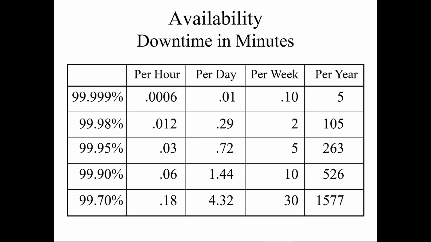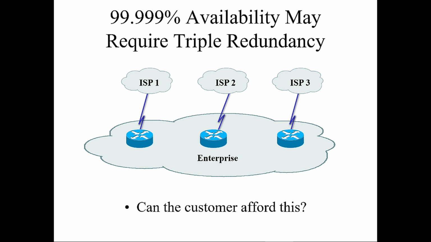But if that new equipment mitigated one downtime, it paid for itself. So the five nines availability may require things like triple redundancy for ISPs, meaning if one went out, if the second ISP went out, you'd still have a third ISP to allow for communication. Again, it just kind of depends on the organization.